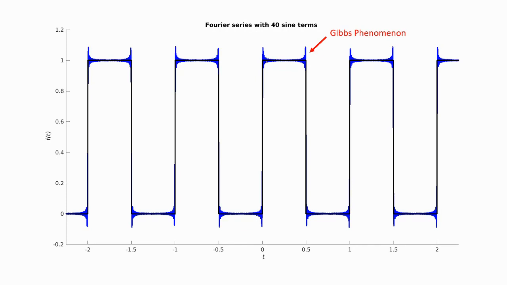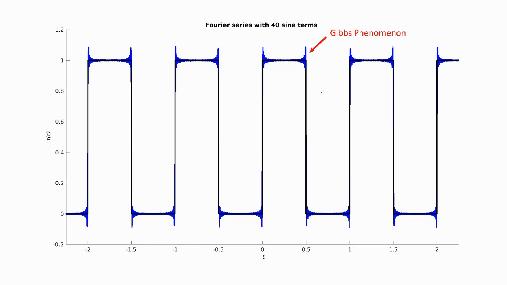Because the square wave is discontinuous at a few points, and we are representing it as a sum of continuous functions, and we know that sine functions are continuous, we do not get the exact match, and therefore we have these overshoots.